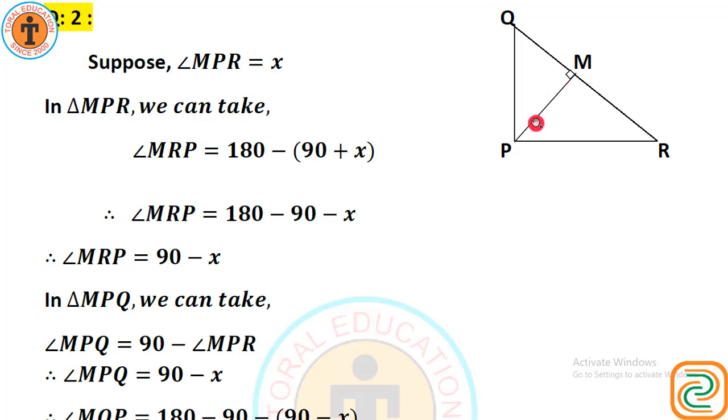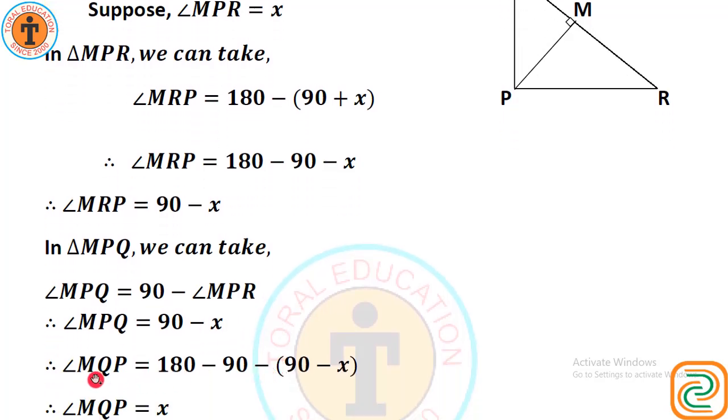This is MPR. Because P is a right angle, it is 90. If this one is X, then this one is 90 minus X. So MPQ equals 90 minus X.